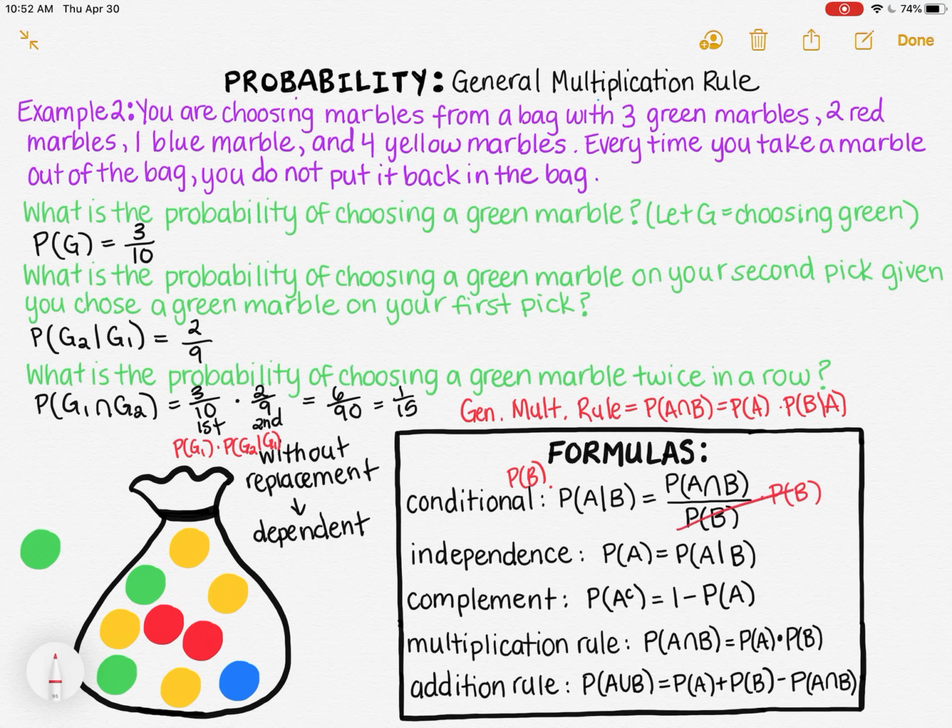So I can multiply both sides by the probability of B, and that cancels out the denominator on the right side, and it gives me the probability of B times the probability of A given B equals the probability of A and B. As you can see, this is exactly the same as the general multiplication rule I just wrote down, except the A and B are switched.